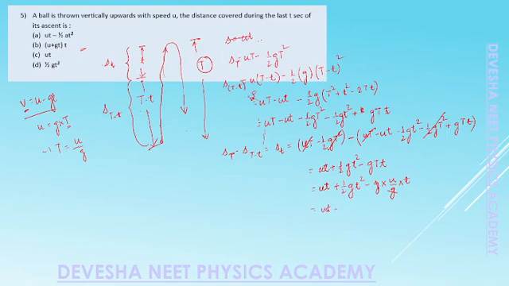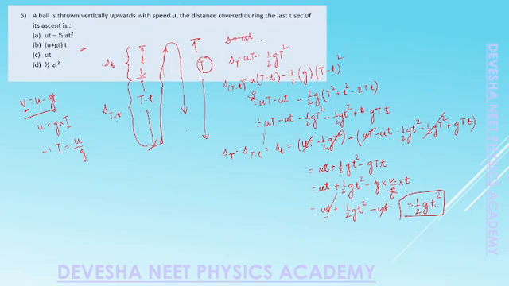This is equal to ut plus half g t square minus g into capital T, which is u by g, into t. Now this goes away, and this becomes ut plus half g t square minus ut. So ut and ut get cancelled here, and we are left with half g t square.